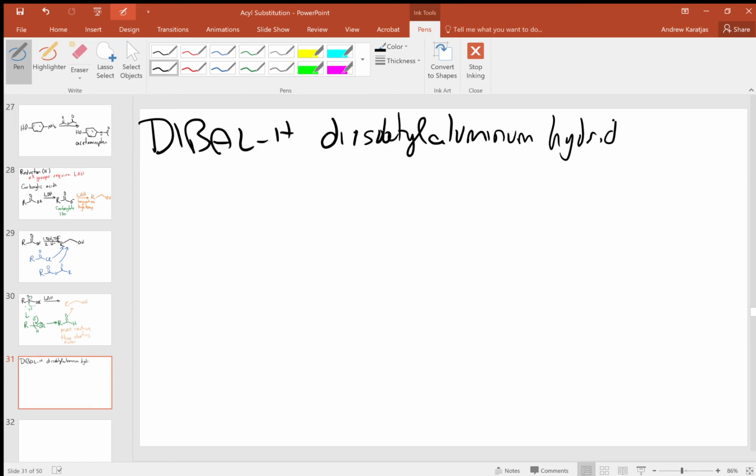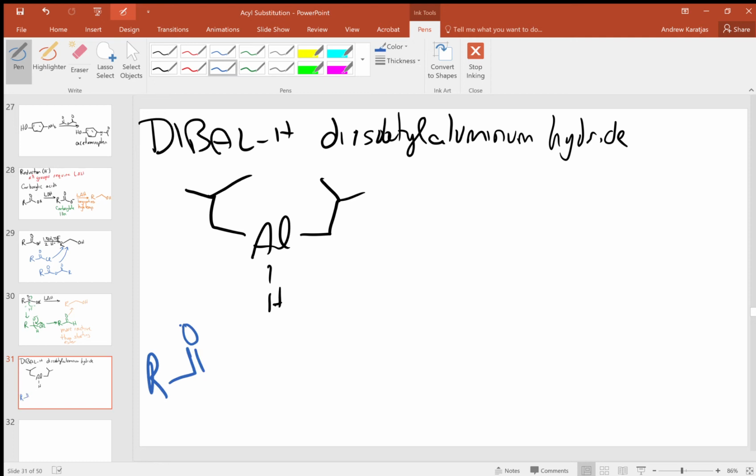So it's still an aluminum-based reagent, structured like this. And if you add it to an ester, the reaction is going to start the same way.